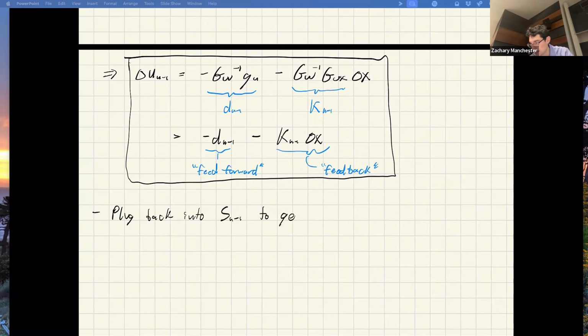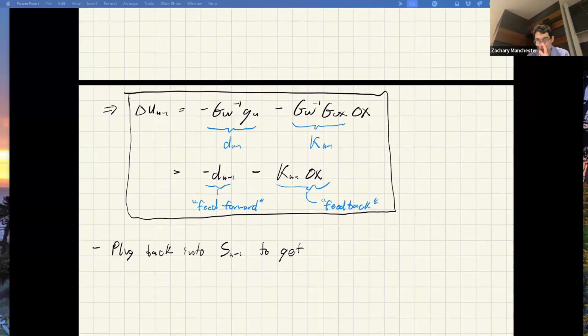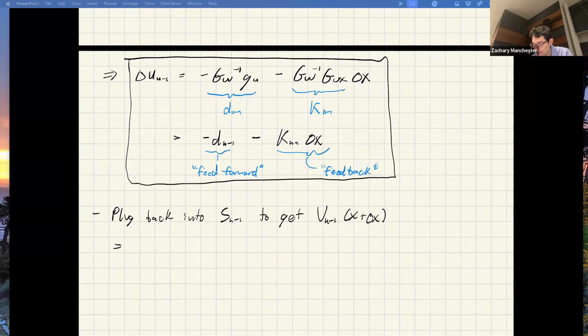Or I guess in this case, we were solving the value function. And these are kind of interchangeable, right? So to get V_{k-1} of x plus delta x. So if I do that, I got V_{k-1}, x plus delta x is approximately, I'll write this in and then we'll do a little simplification.